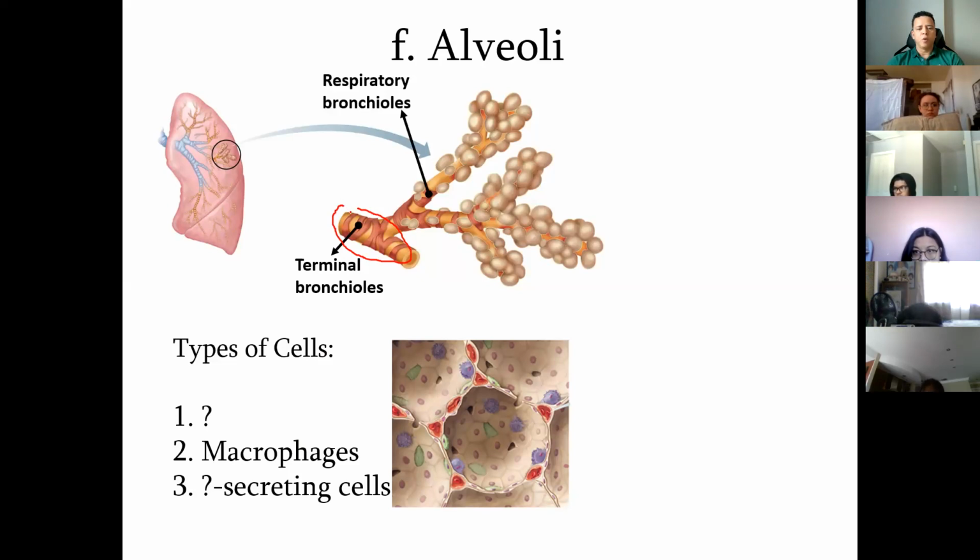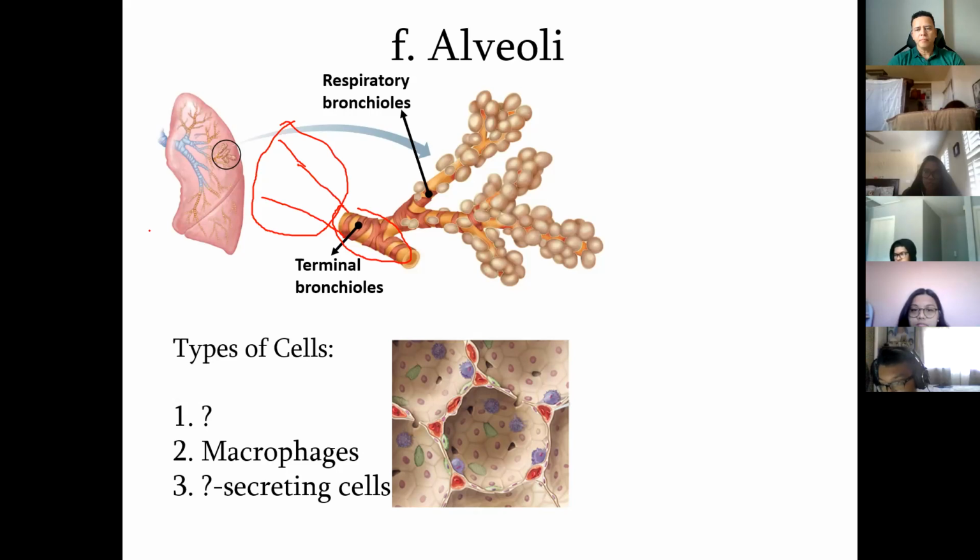Now, can anybody tell me what is the name of the bronchi to which the terminal bronchioles are attached? So what would this section here be called? The tertiary one? This would be the tertiary bronchi, absolutely, okay?